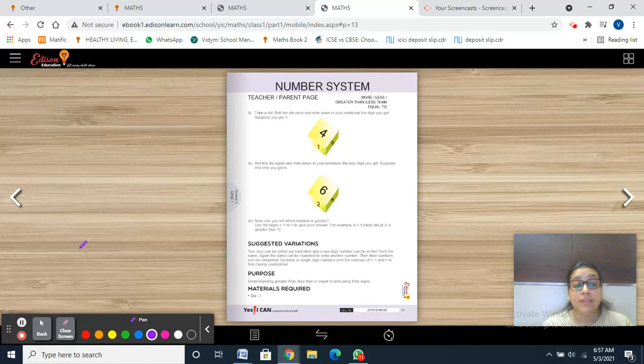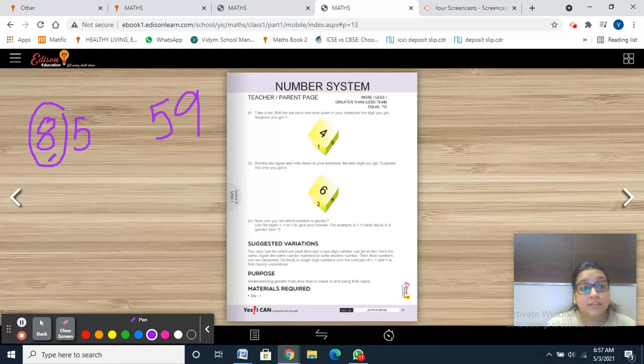Here, see here, 85 and 59. So you will check this 8 and 5, that is tens place value. So 8 is bigger. Don't see ones. You don't have to see ones unless these tens are same.